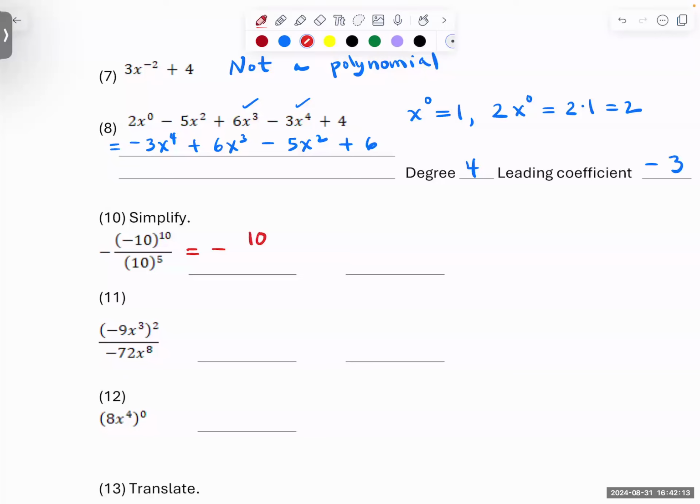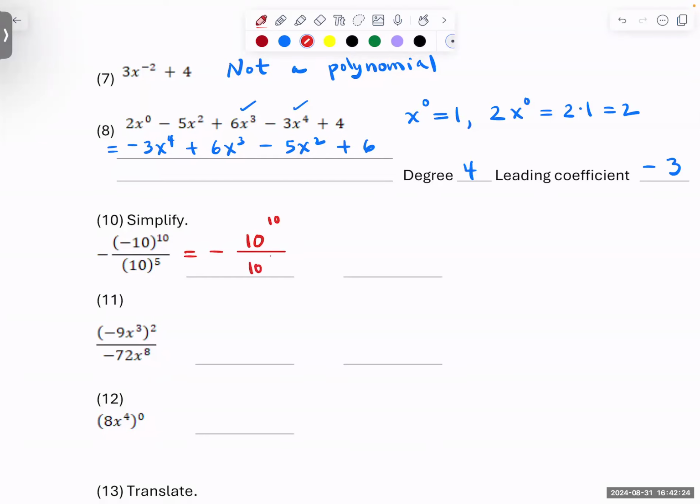So we'll drop the parentheses and the negative sign on the base -10 and just make that 10 to the 10th divided by, and we can drop parentheses in the denominator, 10 to the 5th. Simplify further. So we have negative, and by the subtraction rule for exponents, we'll keep the base and subtract the exponents, and this is the same as a negative 1 followed by 5 zeros. Negative 100,000.